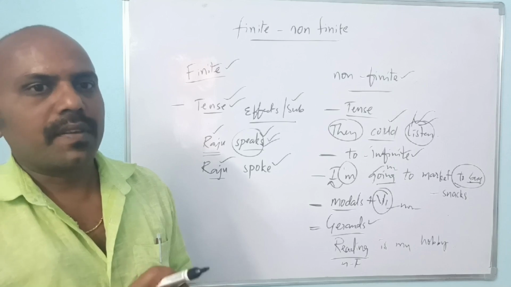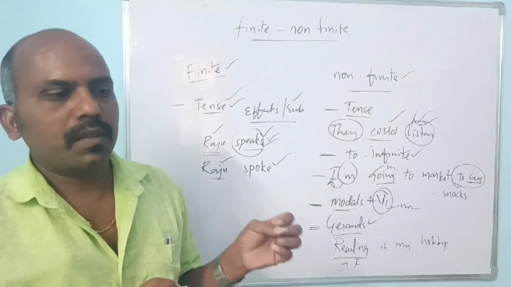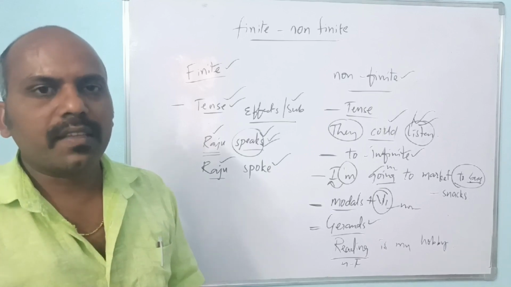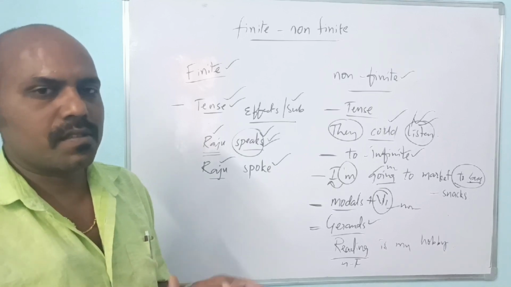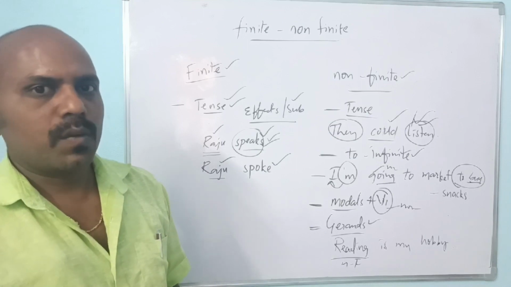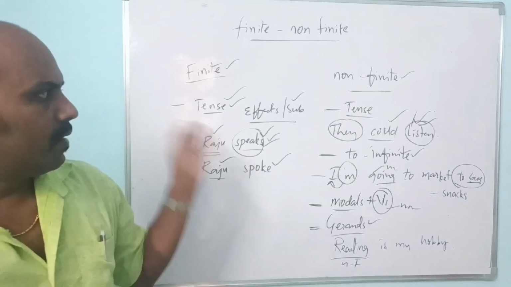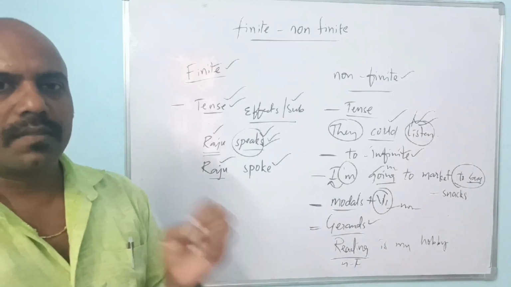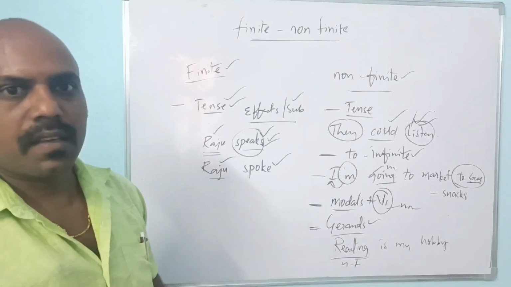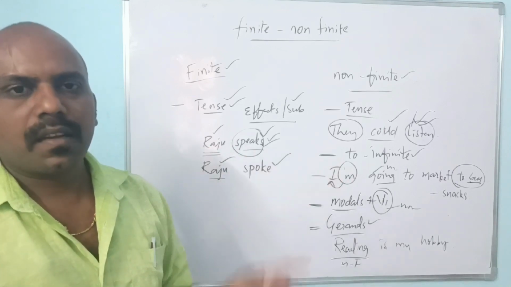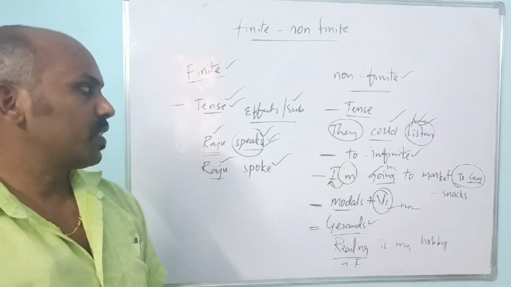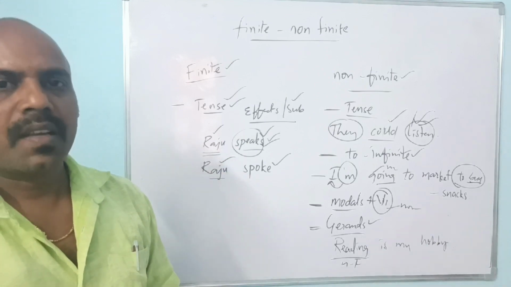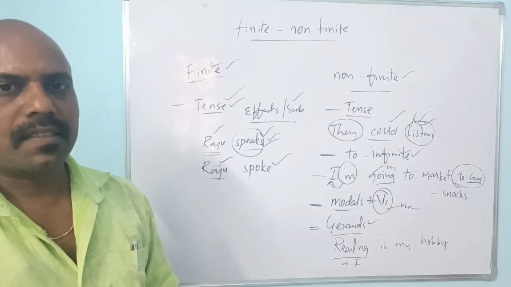If anyone asks you a question, or if there is any practice task to find out whether a verb is finite or non-finite, or any chance to explain it to someone, these are the explanations, along with the proofs. I hope it definitely helps you a lot.